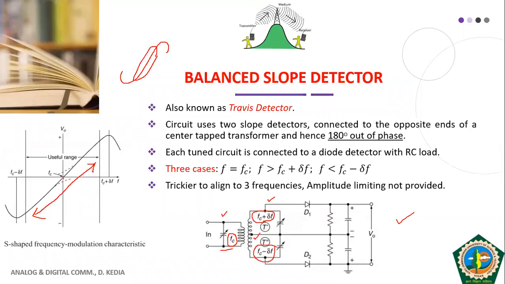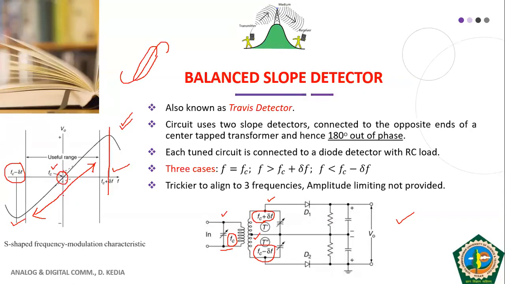Now you see here the point where the two resonant curves will be meeting, the center point of these two, that will be equal to FC. The upper resonant curve, in the positive direction, has resonant frequency FC plus delta F, and the lower portion of the circuit has resonant frequency equal to FC minus delta F. And this is our FC.